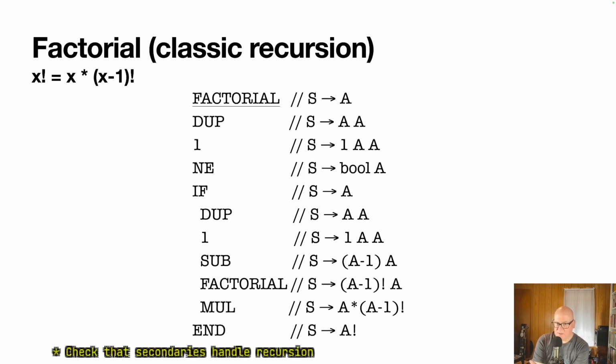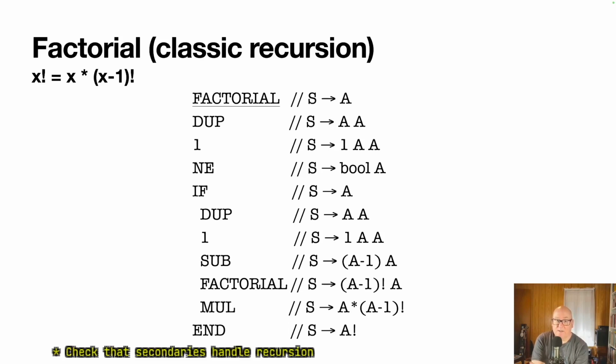Then the if consumes that Boolean, and it either continues to the dupe or it jumps around to the end. If it jumps to the end, we've got the original value on the stack still, and that was 1. We just checked it, and 1 factorial is 1. So we get the exit case for free.